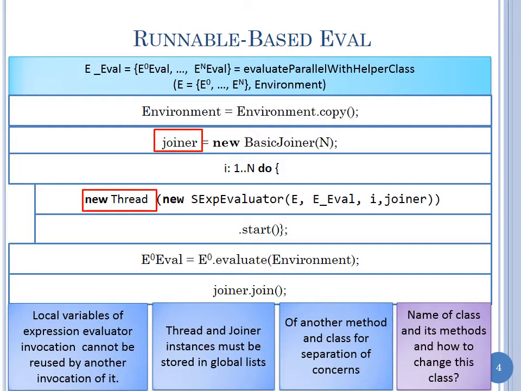Do I need to give the thread pool a joiner, or could I do better? Do I give the thread pool a joiner, or do I just give it an array? Could the thread pool itself create a joiner and hide the stuff from me?